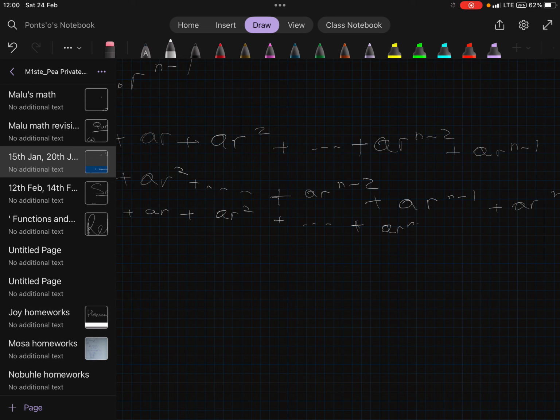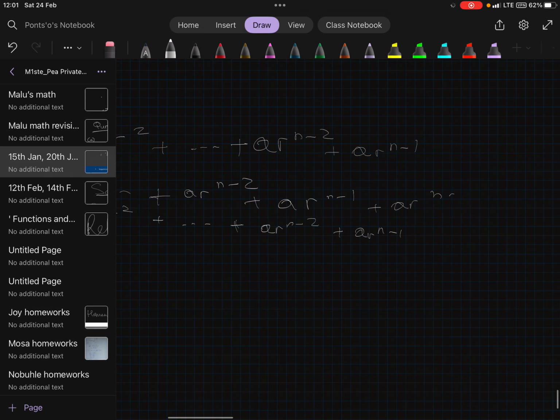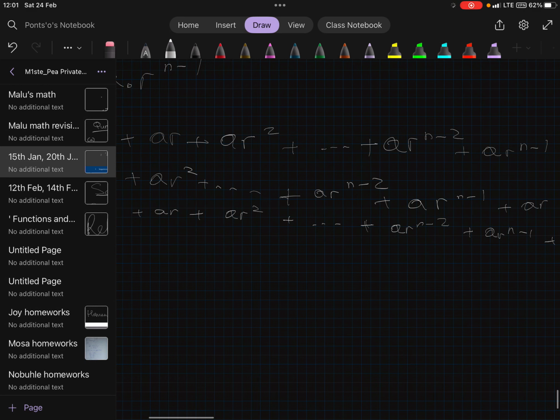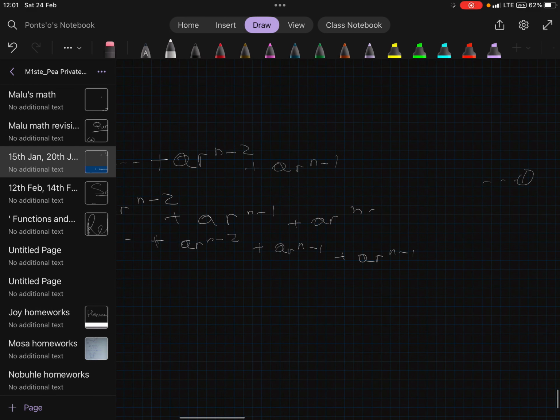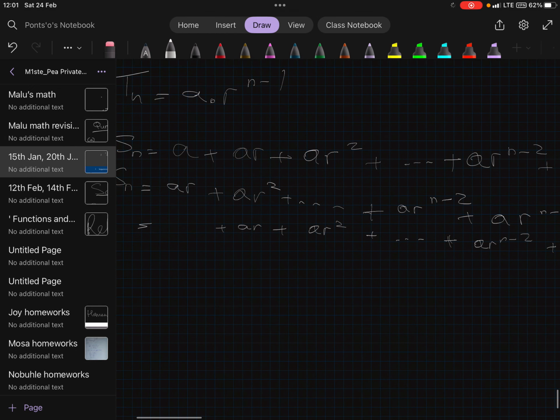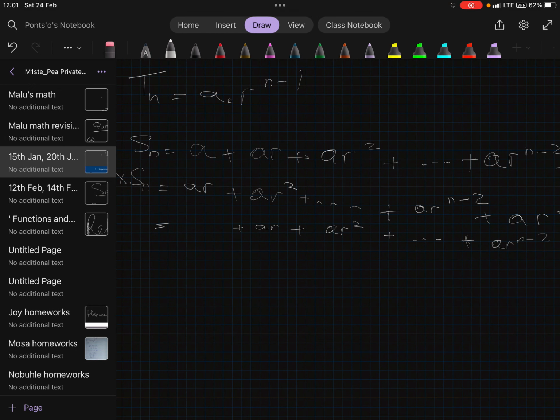And then all the terms that correspond sit one on top of each other. And we eventually end up with ar to the n as our last term.